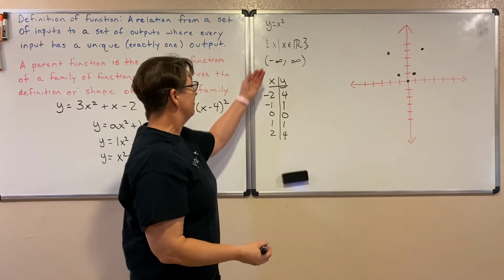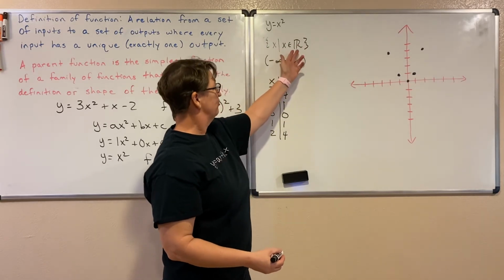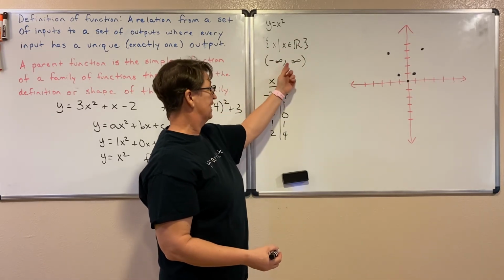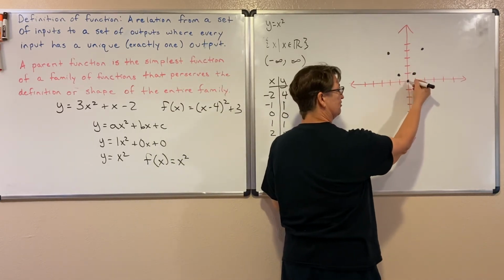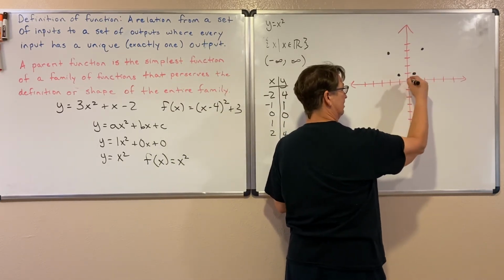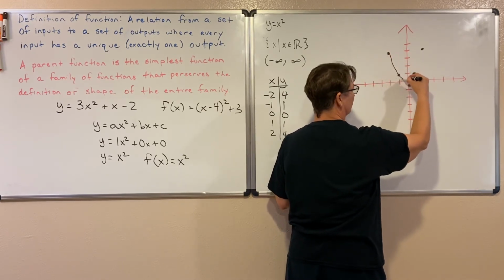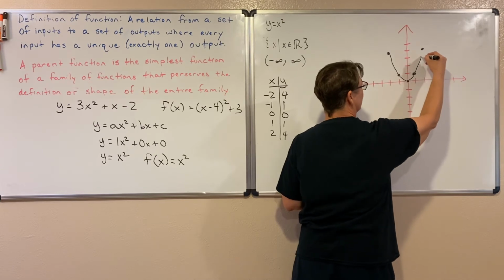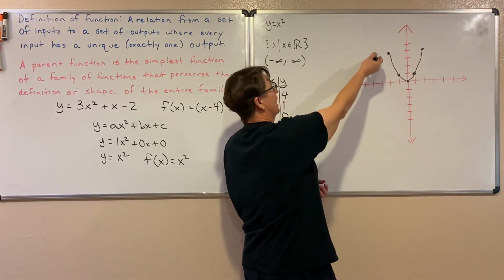And we said that x can be any real number, or any value between negative infinity and infinity. So it's not just at those points, but it's everywhere in between as well. So I'm going to connect these dots to show that there are values in between there as well. And it continues to go. If I put in 3, I'm going to get out 9.